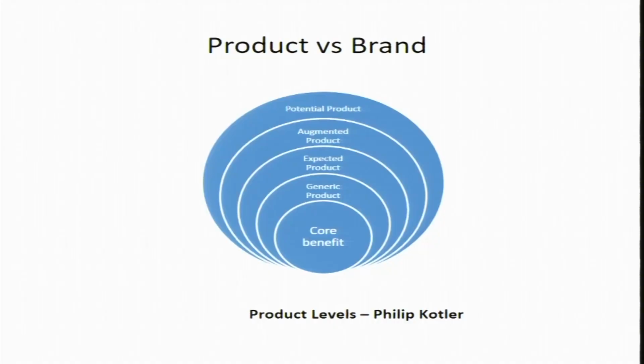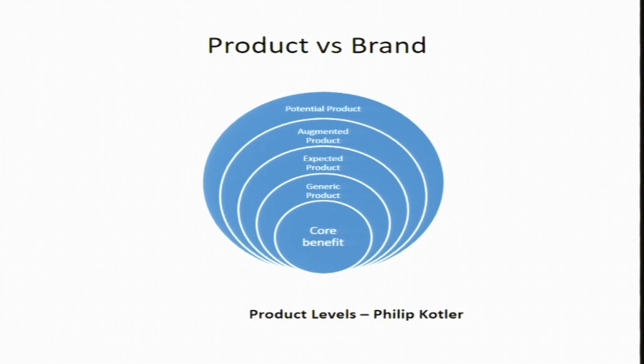Now, we will do a little rigorous analysis of this concept called product levels by Philip Kotler. Now, as you can see, core benefit, generic product, expected product, augmented product and potential product.